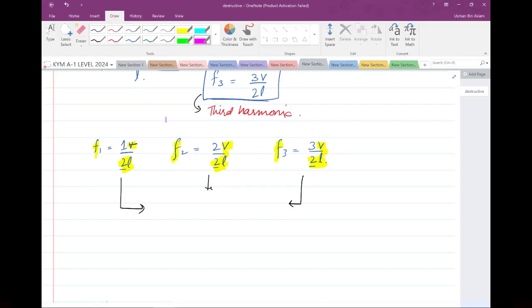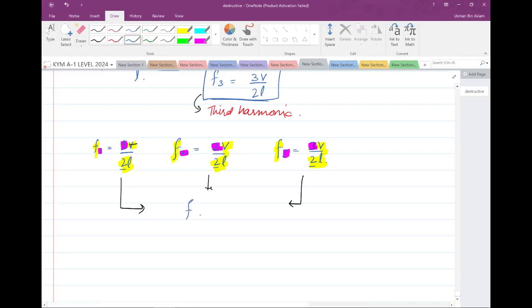But what's different? The number that is being multiplied with V and the number in the subscript of the frequency. Similarly here, the number in the subscript of the frequency and the number multiplied with the V. These are the same. These are changing, sorry.